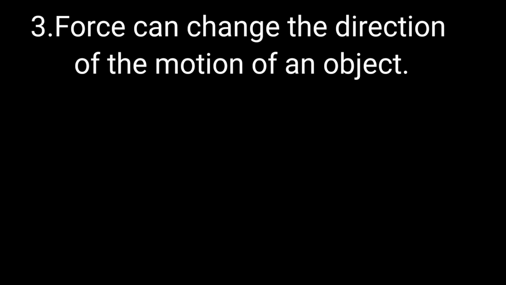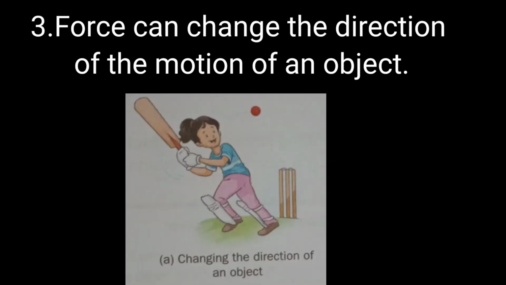For example, everyone likes to play cricket. When you are batting, someone throws the ball towards you, and the ball is in motion. And you can change the direction of this ball by applying the force on the ball through a bat.